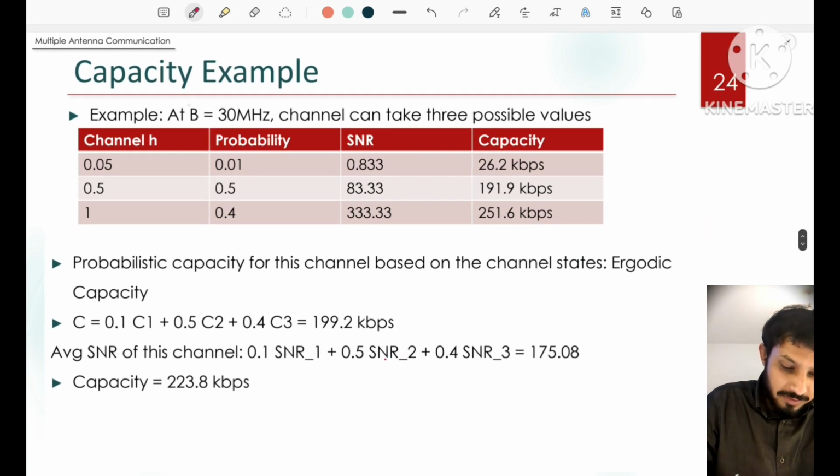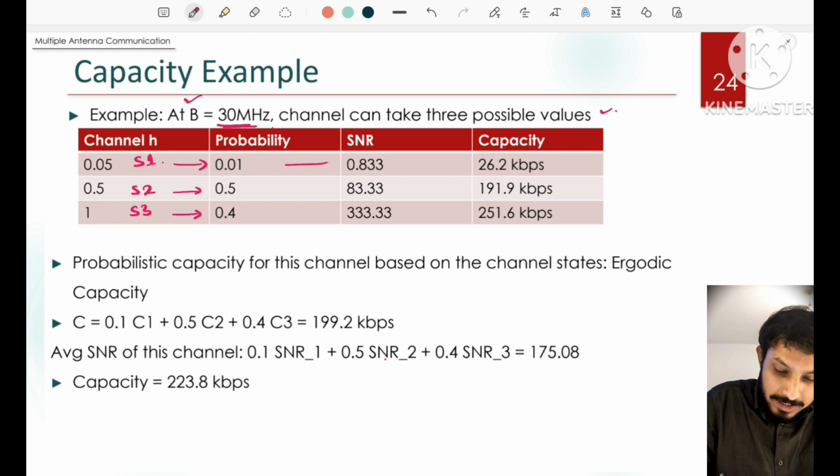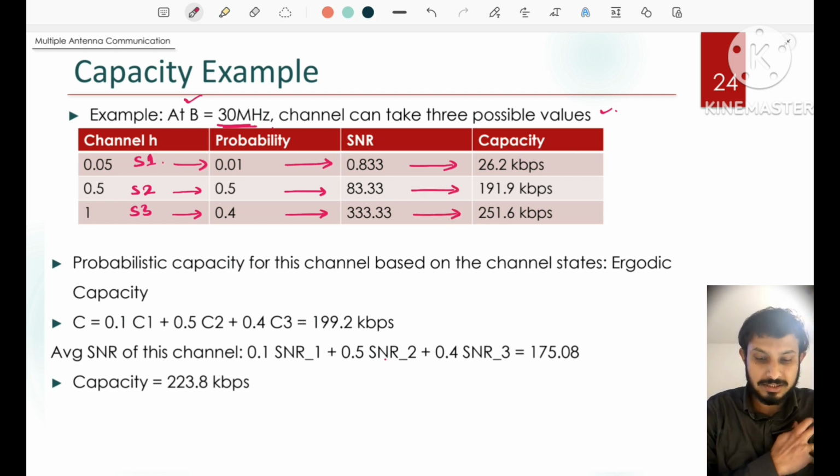Let's say we have a bandwidth of 30 megahertz and the channel can take three possible values. 0.05, this is state 1, this is state 2, and this is state 3. And each state has its corresponding probability of occurrence. And with that, each state has the SNR values and the capacity that can be achieved in each of these states.